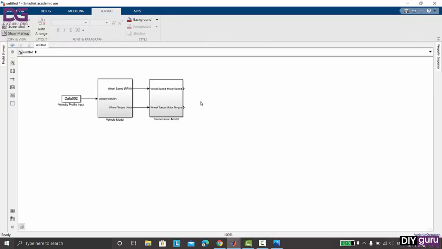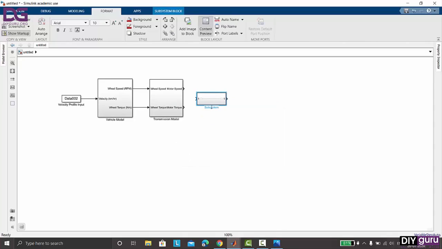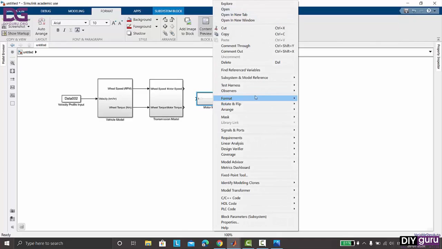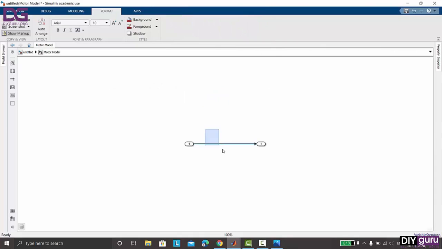Next is to estimate the motor power required from motor. Add one subsystem block and name it as motor model. Double click on it.